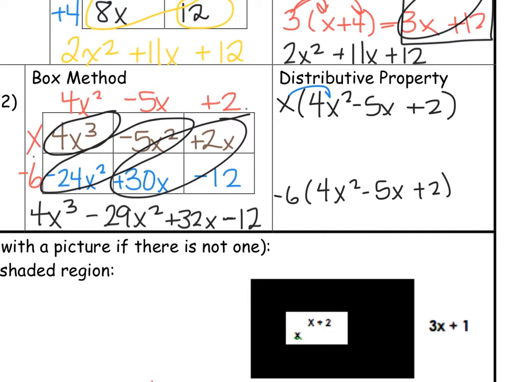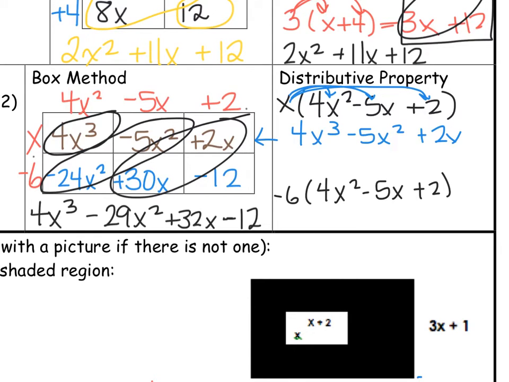So I'm multiplying x times 4x squared, x times minus 5x, and x times 2, and that's going to give me 4x cubed minus 5x squared plus 2x, which is what we got right there.